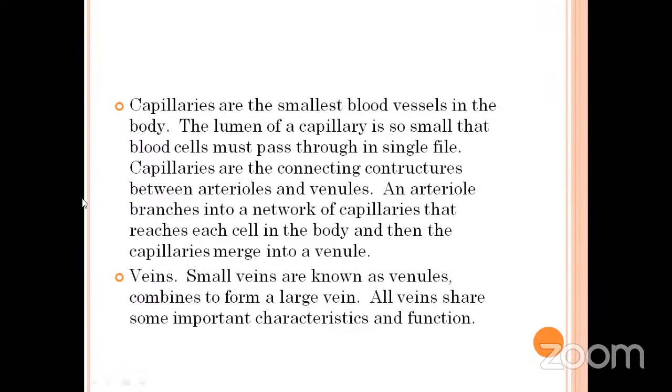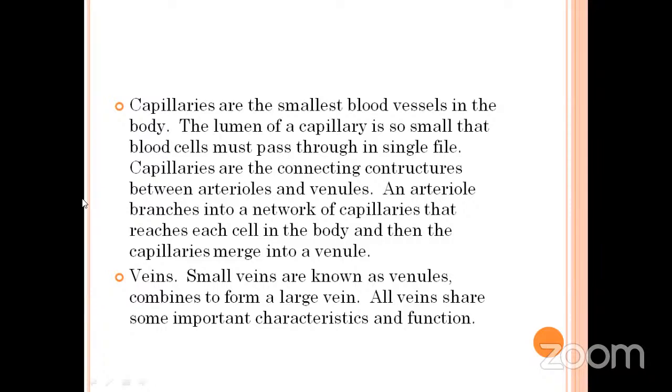Capillaries are the smallest blood vessels in the body. The lumen of a capillary is so small that blood cells must pass through in single file. So it's like a little line, yeah? Capillaries are the connecting structures between arterioles and venules.